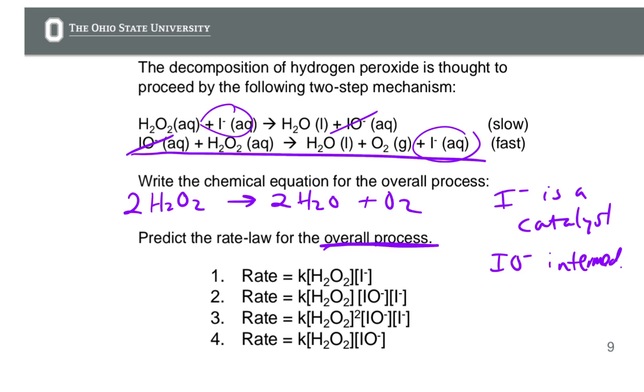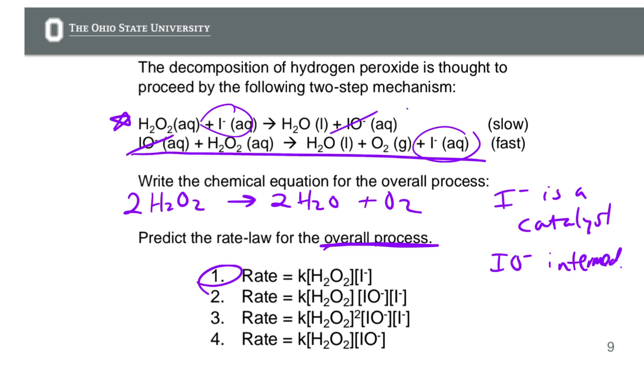So what did we get for our overall rate? 1, 2, 3, or 4? Some ones. So this is based on the slow elementary step, so that is this first reaction.